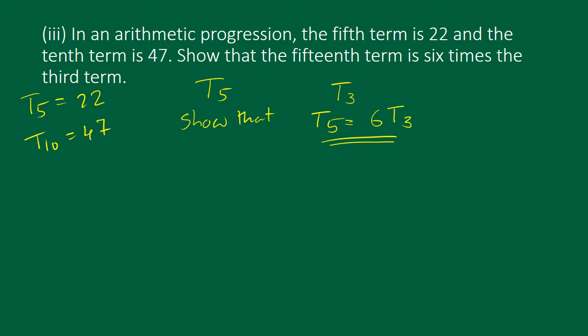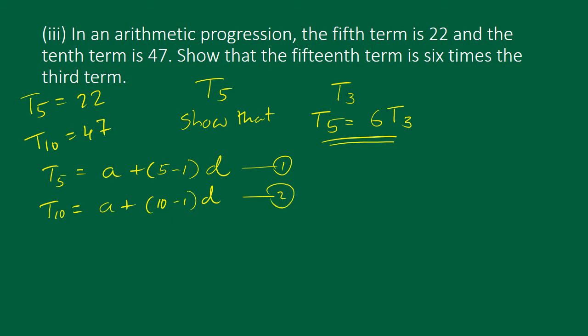And you can find out here. You can write T5 is a plus 5 minus 1 into d. You know, always d is the same, a is the same. So here the first formula, you can find T10 is a plus 10 minus 1 into d.